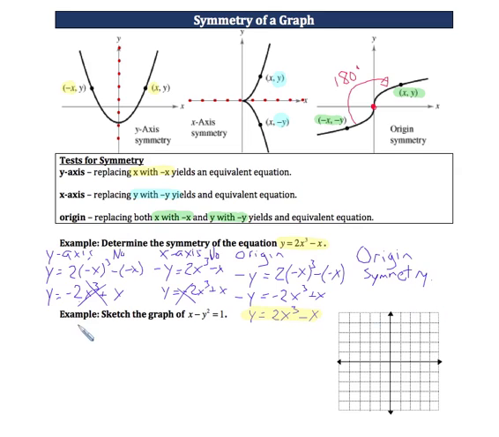All right, for our next example, we want to sketch the graph of x minus y squared equals 1. There's many ways you can do this, but we're just going to do this by first finding if there are any intercepts. So we're going to look here for an x-intercept. So again, finding the x-intercept, we let y equal 0.